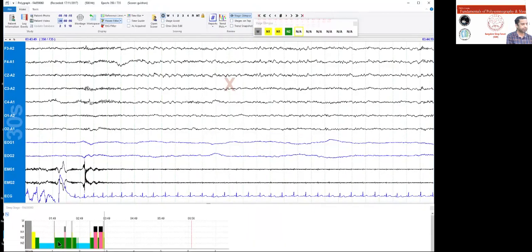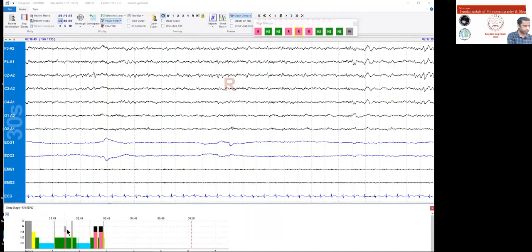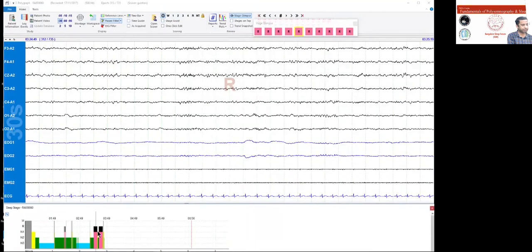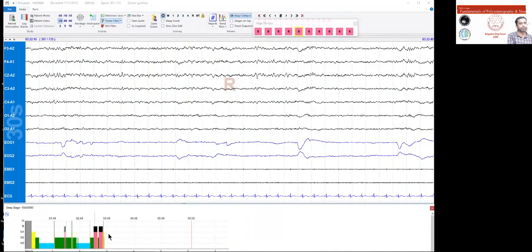Okay. Now we can see this hypnogram. So this is what we have scored till now, and this is how you have to score throughout the night. And this is the REM. Okay. So in the first cycle, this REM is very little, and you see that N3 is very high.